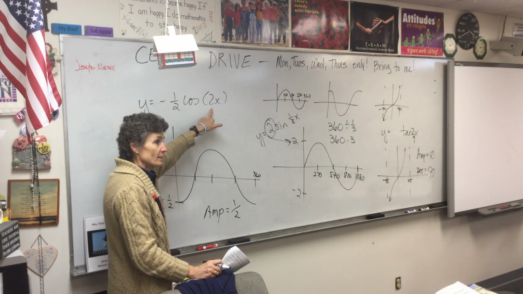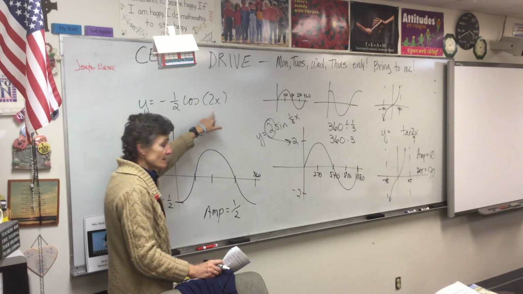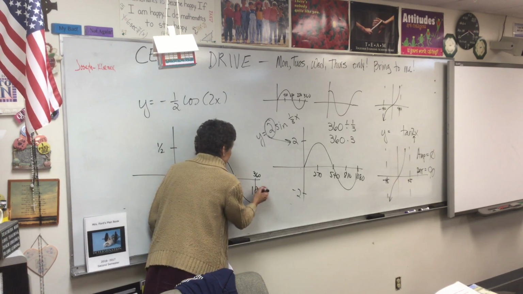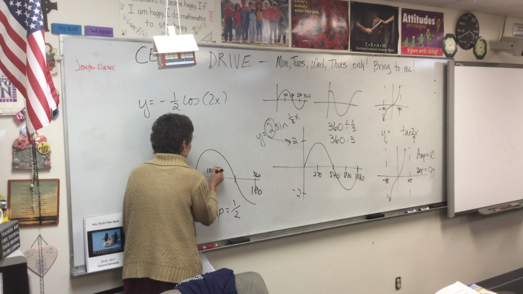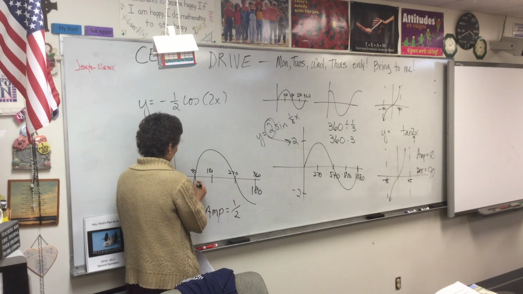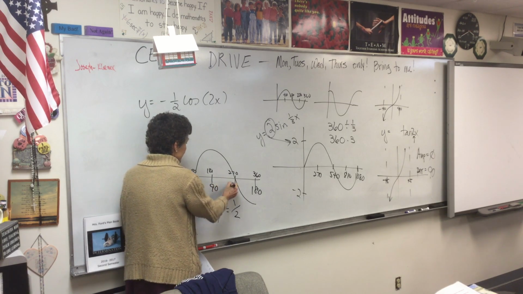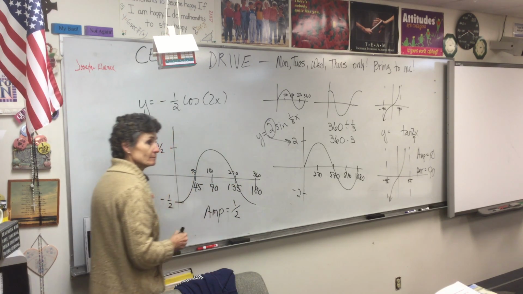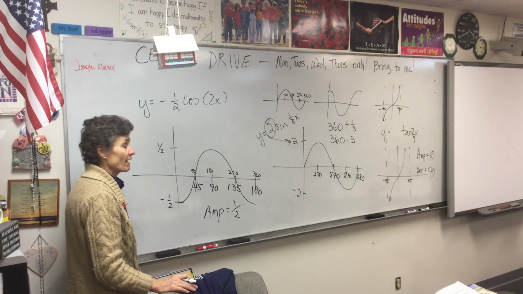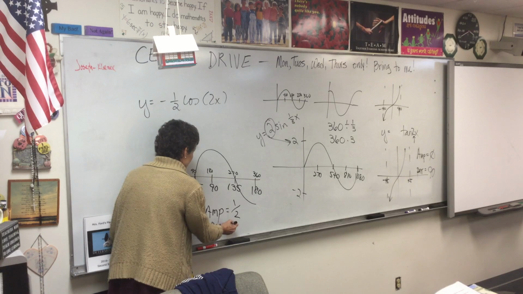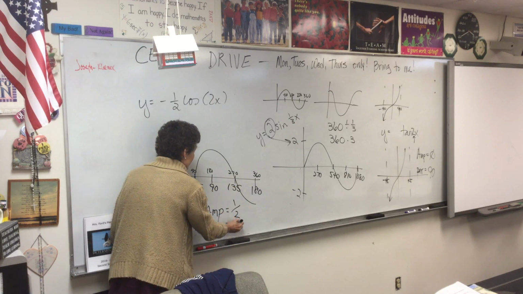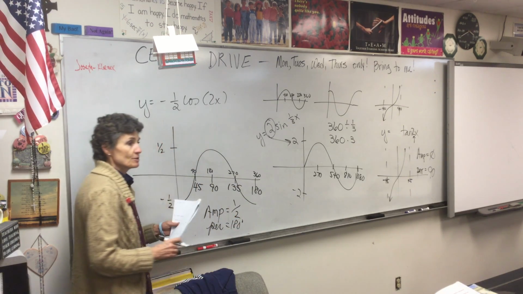I put a 2 out here. Divide. So this is going to be 180. And it's going to divide all the rest of them also, right? So we'll have 45, 90, and 135. Everything got divided by 2. Which means my period, that is from here to here, is 180 degrees.